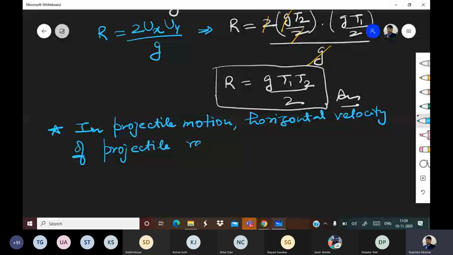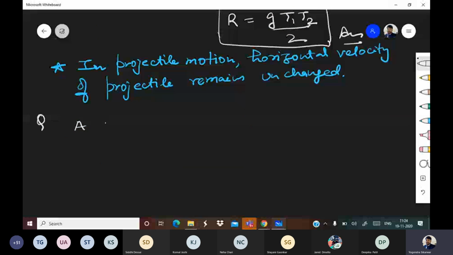So whenever projectile motion is happening, the horizontal velocity of the projectile will remain unchanged. Okay. Question.